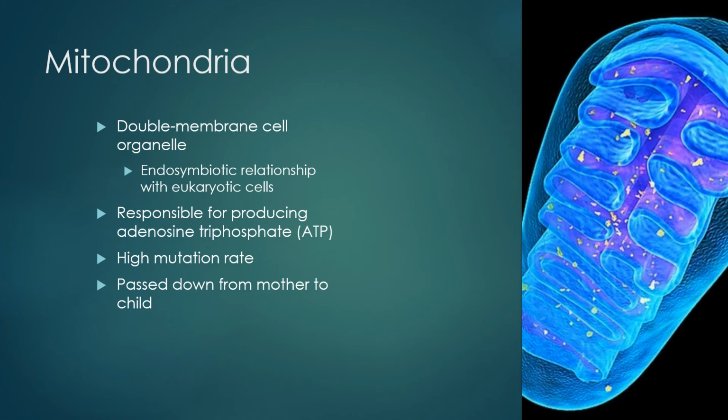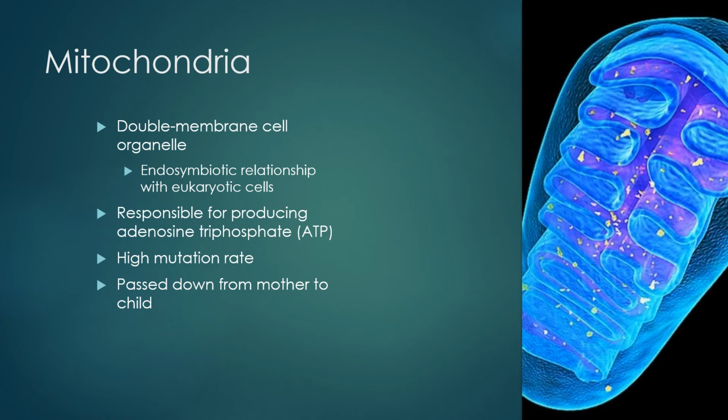Mitochondria are double membrane organelles. You can see that within this image there is this double membrane. That double membrane is evidence that there was an endosymbiotic relationship that formed a long time ago.